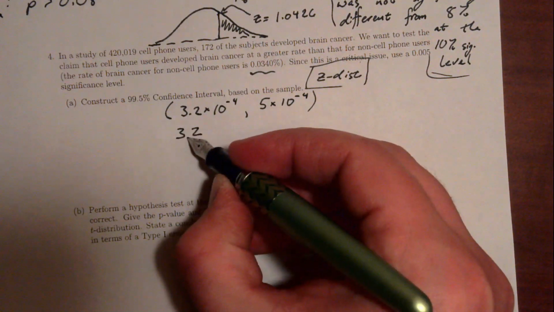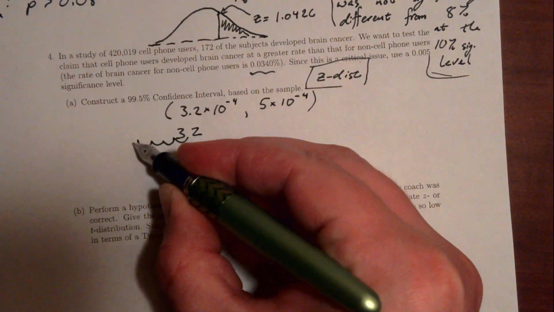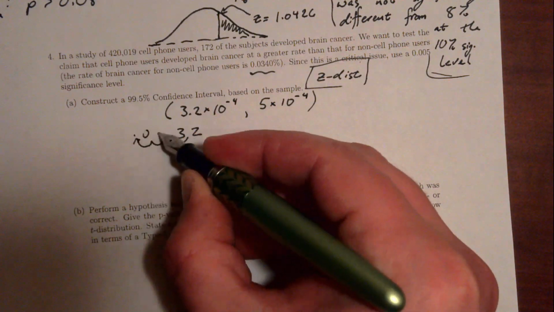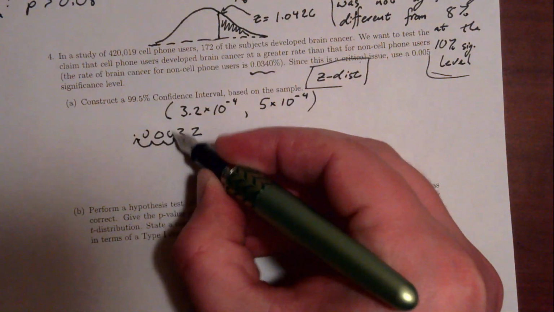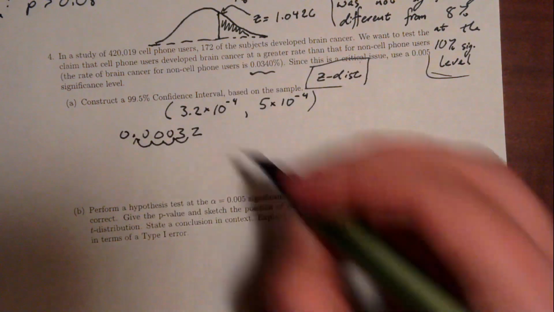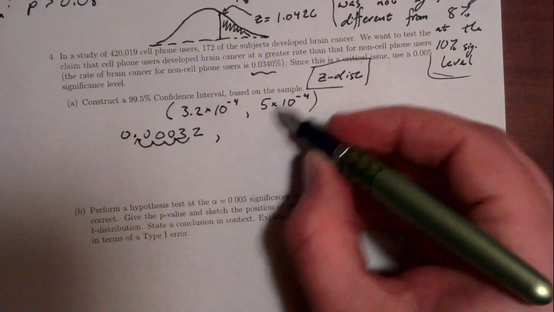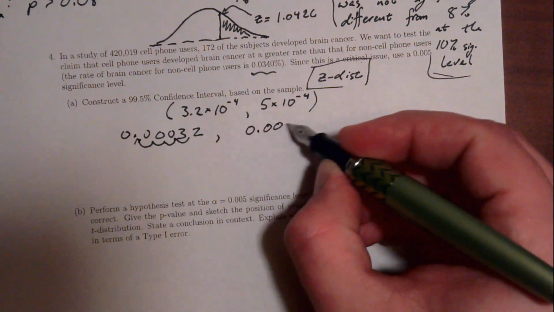So it's going to be 1, 2, 3, 4. And then you put in zeros in each of the little spots that you've opened up there. So that means 0.00032. And this one will be the same number of zeros, 0.0005.